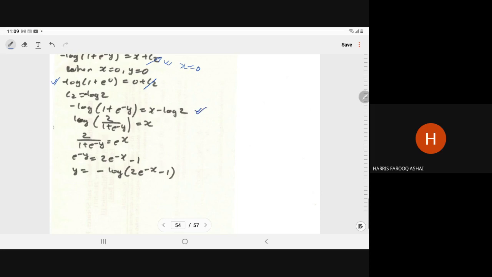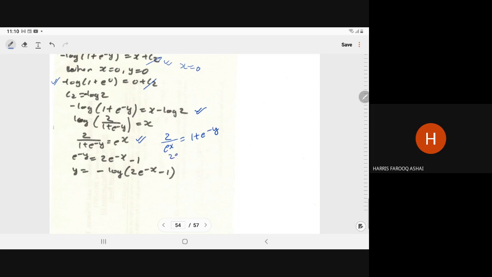If you take the log 2 on the left hand side and apply the formula of the log, it will become log of 2 upon 1 plus e to power minus y is equal to x, and that can be written as 2 upon 1 plus e to power minus y is equal to e to power x, and that can also be written as e to power minus y is equal to 2 e to power minus x minus 1, which means this can be written as 2 upon e to power x is equal to 1 plus e to power minus y.